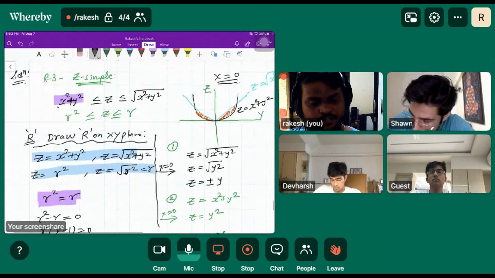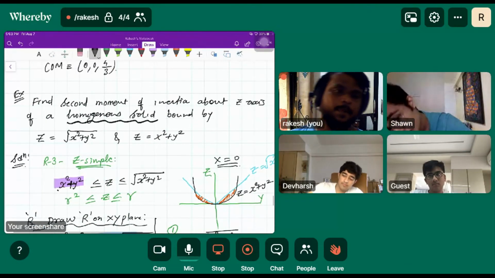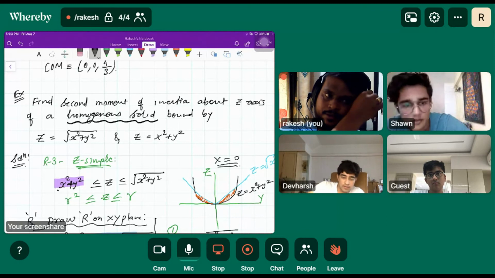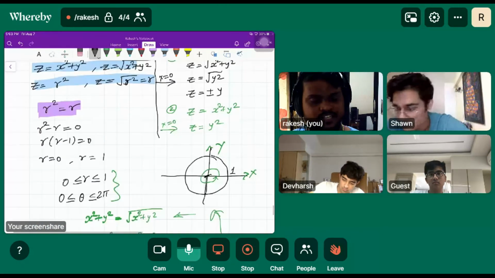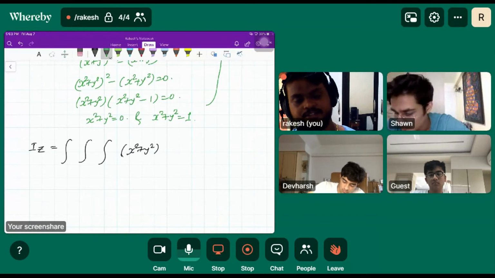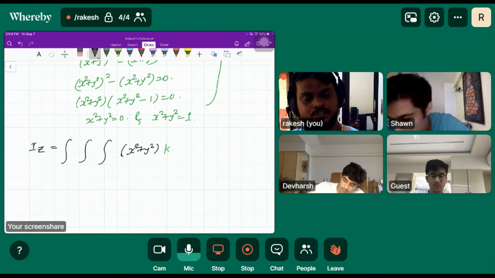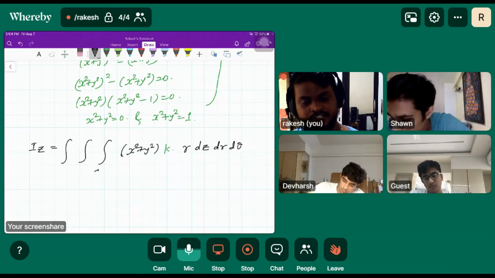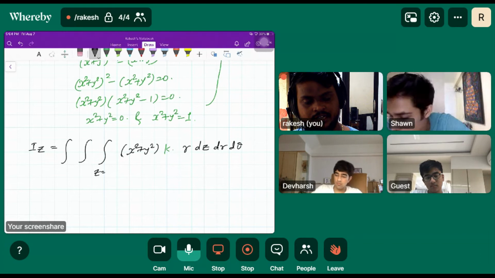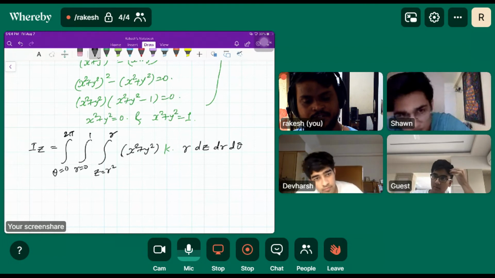Do you remember the formula? And for a homogeneous solid, the mass density function has to be k, right? So k r dz dr d theta, where z is from r square to r, r is from 0 to 1, theta is from 0 to 2 pi.